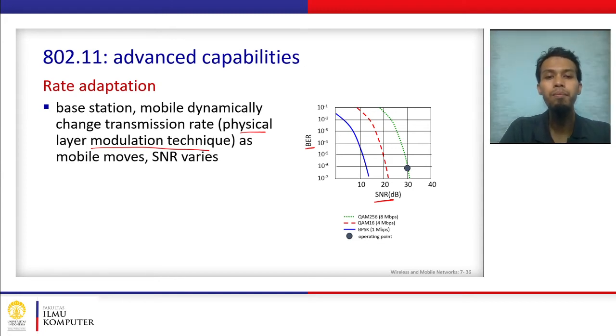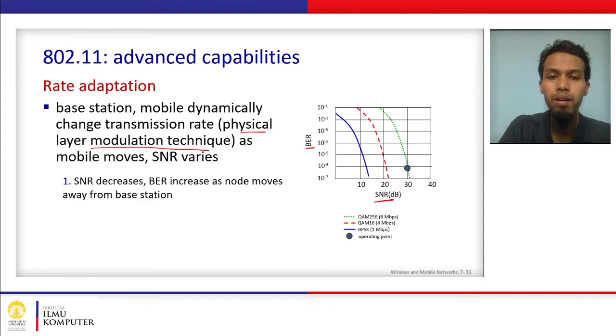Let's say we are moving further away and our received SNR decreases to around 22 dB. If we keep using QAM 256, then we are getting a lot of errors.